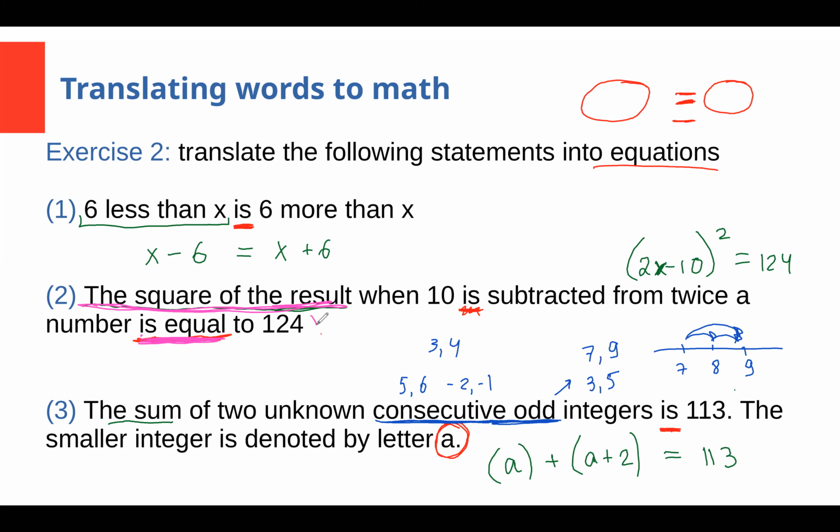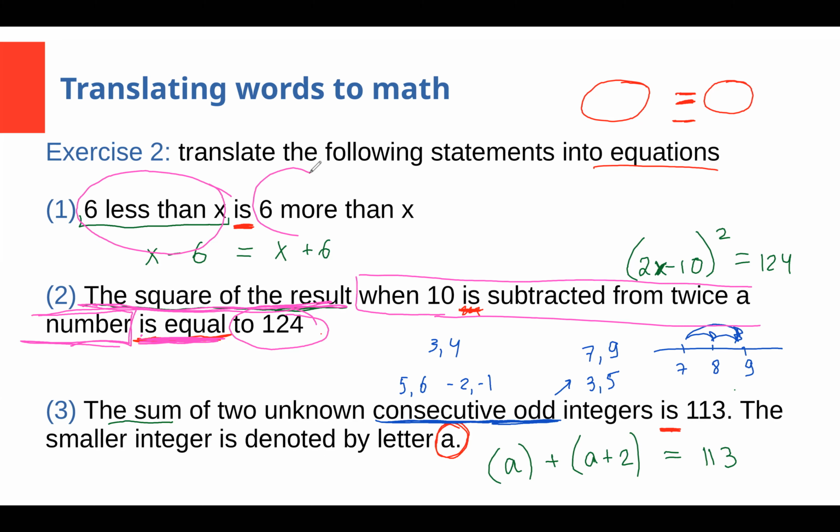The right side is 124 and the left side is this long one. It's probably easier to show the split over here, right? This is the split. So the split for me now, because we are dealing with equations, will be the word is, but inside these long phrases, I could also find my splits, right?